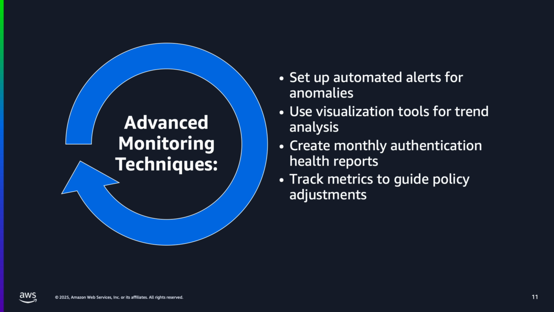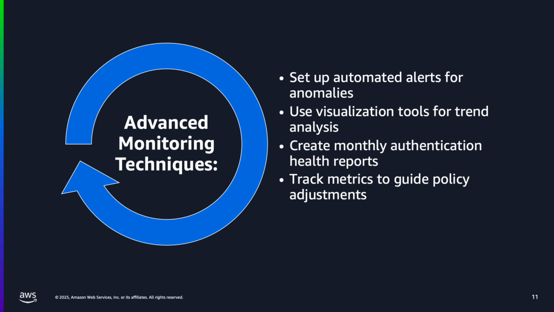Here are some advanced monitoring techniques that I recommend to follow for DMARC reports. Set up automated alerts for sudden changes in authentication pass rates, new IP addresses appearing in reports, increase in forensic report volume, and changes in email volume from known sources. Use tools like DMARC analyzers to visualize your reports.